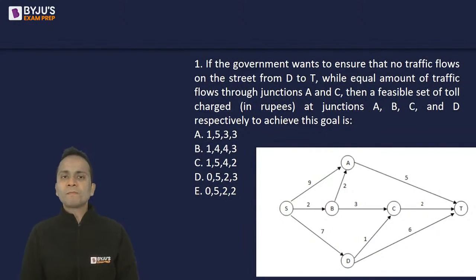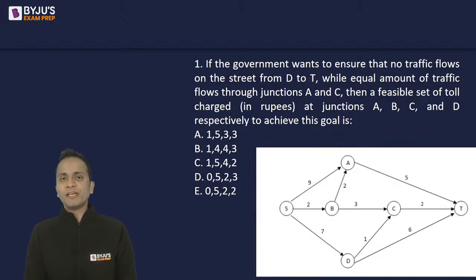Now question number 1: if the government wants to ensure that no traffic flows on the street from D to T, while an equal amount of traffic flows through the junctions A and C, then a feasible set of tolls charged at the junctions A, B, C and D respectively to achieve this goal will be which among the following options?